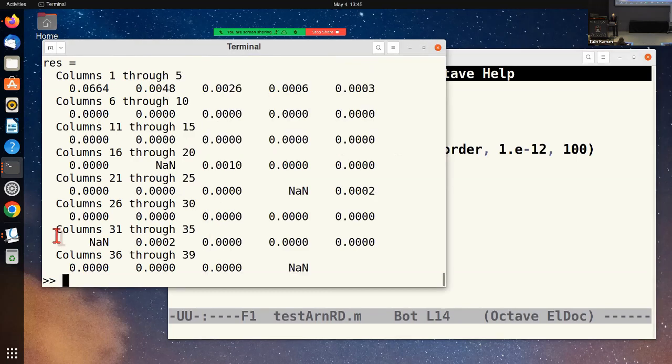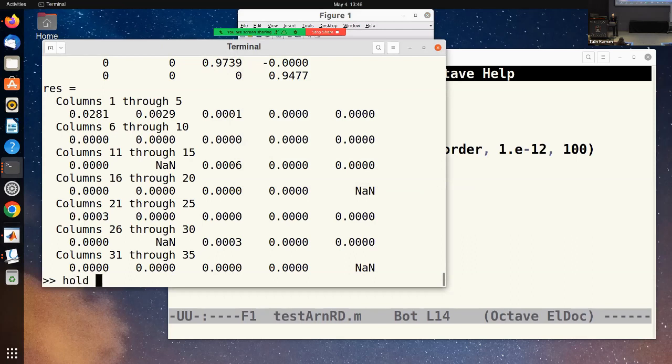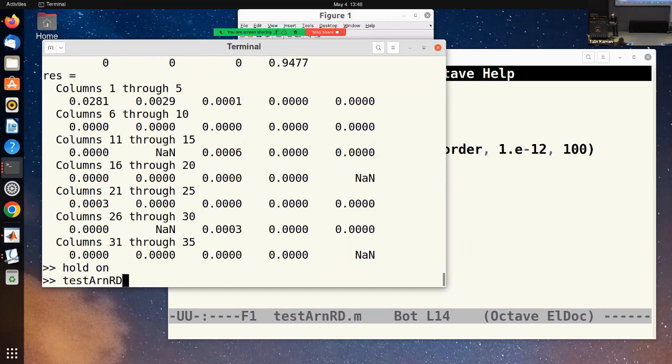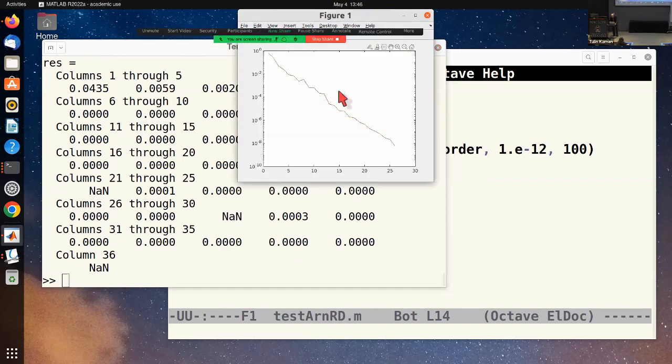Something went wrong with my script somehow. It's probably skipped that thing. I don't know what happened here. I have to look at it later. Something went wrong with my script here.